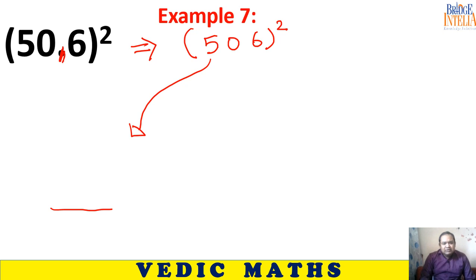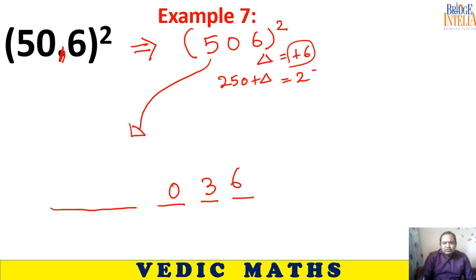So what will be the value of 506 whole square? Here delta is plus 6, so 6 square is 36, so 036. Part 1, 250 plus delta, so delta is 6, that is equal to 256. Now we can bring back decimal.